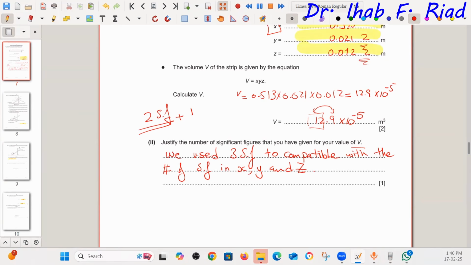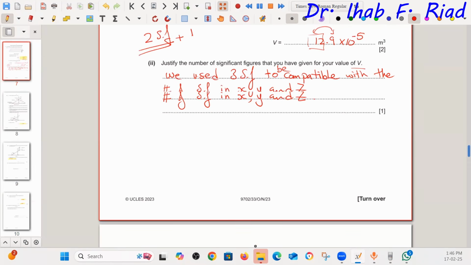So we need to justify why we used 3 or 2 significant figures, as you decide yourself. We used 3 significant figures to be compatible with the number of significant figures in x, y, and z. This is how you typically answer this part. Now, let us proceed further.